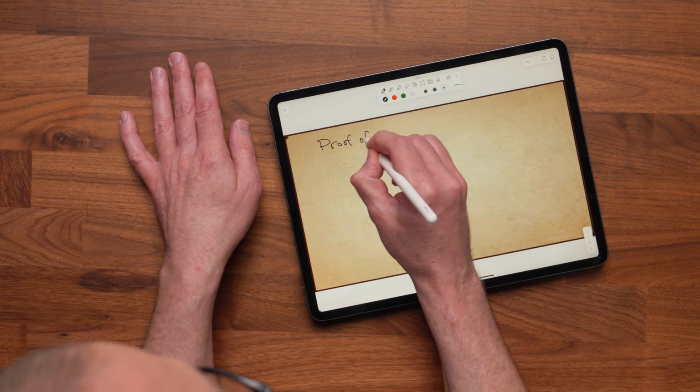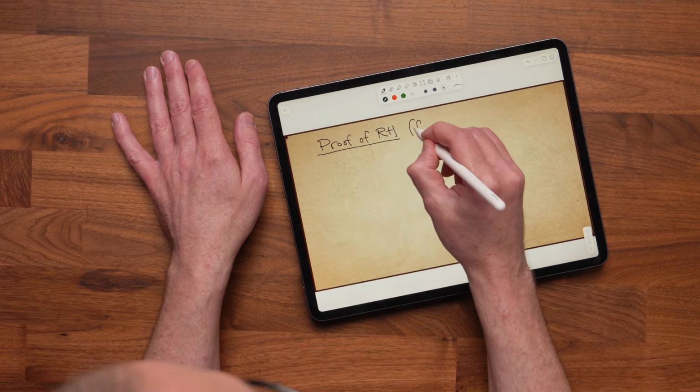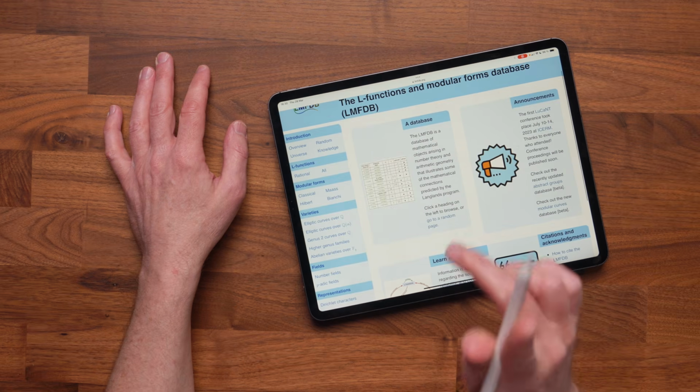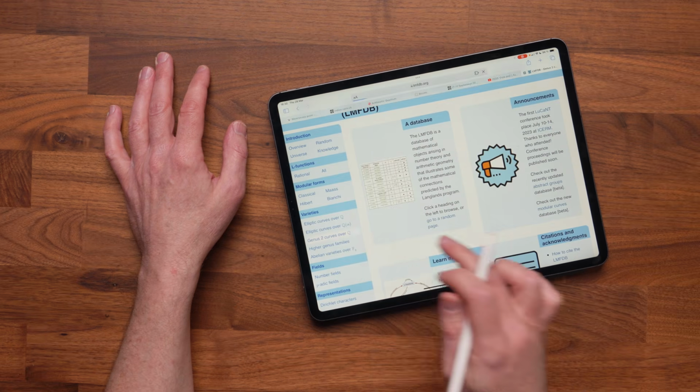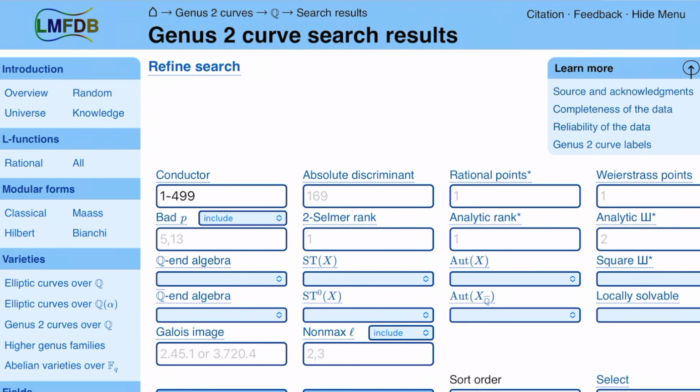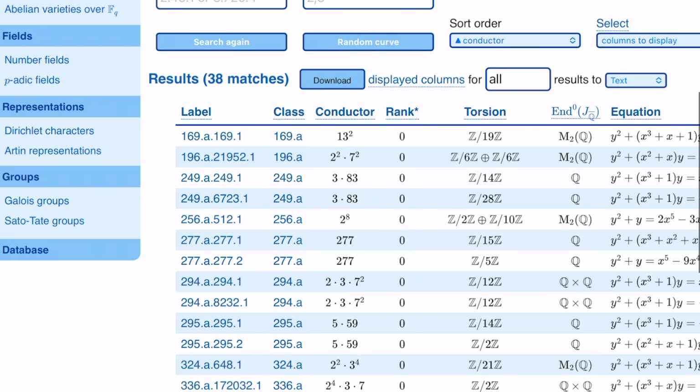Let's go back to the LMFDB and find an example. And let's prove the Riemann hypothesis for at least one local zeta function. We could take an elliptic curve, genus 1, but let's go to genus 2 curves instead. List them by conductor and just take the first curve of conductor 169.